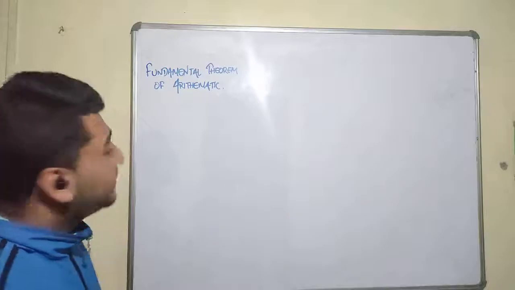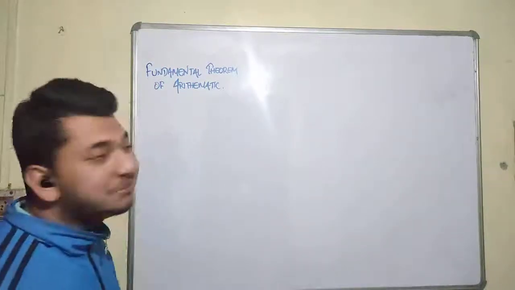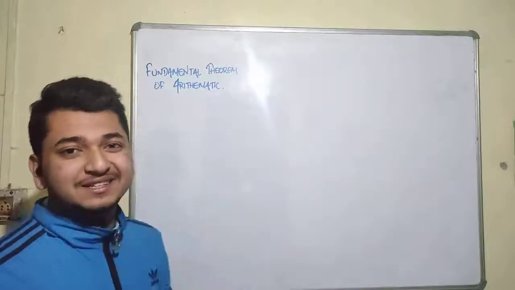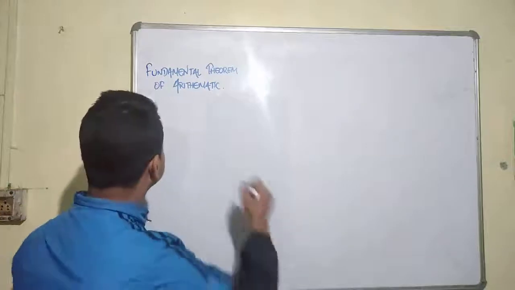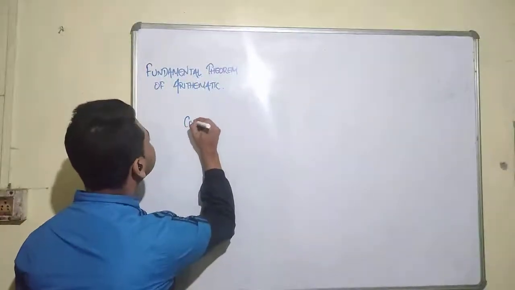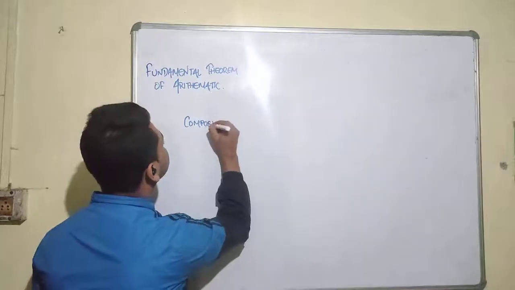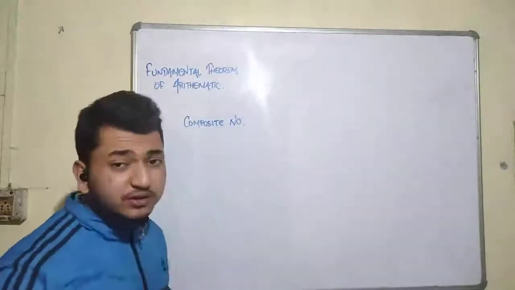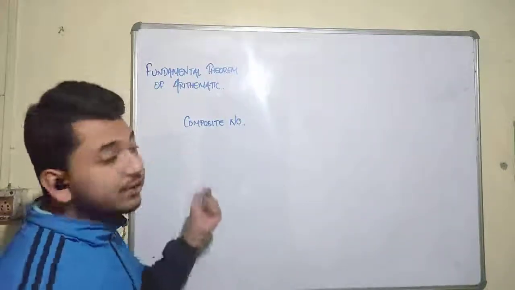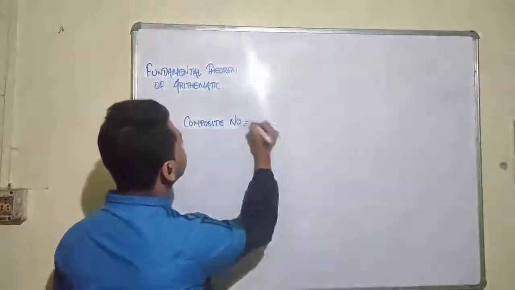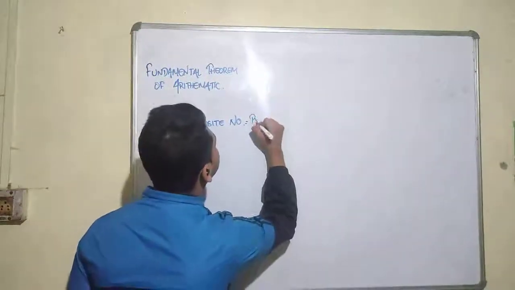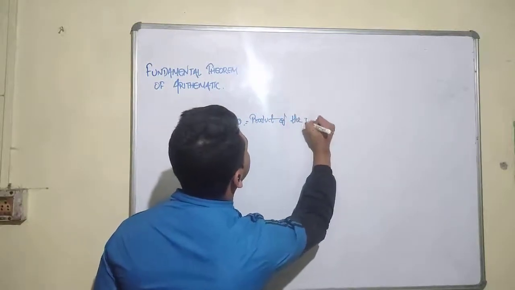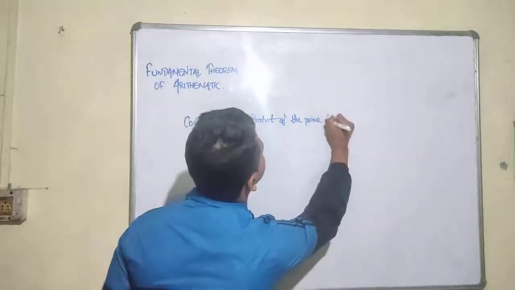By name, it seems like it is very complex. You people feel that by name it is very complex, but nothing is complex. Now if we have a composite number, this theorem says that we can write this composite number as a product of its prime factors.